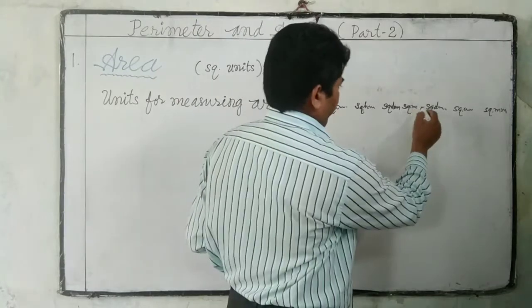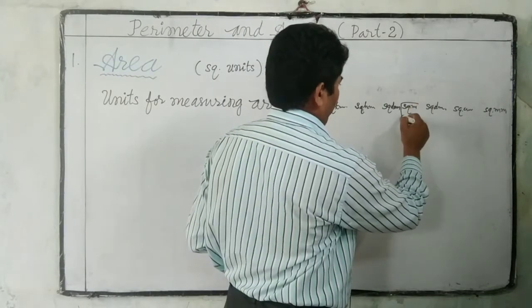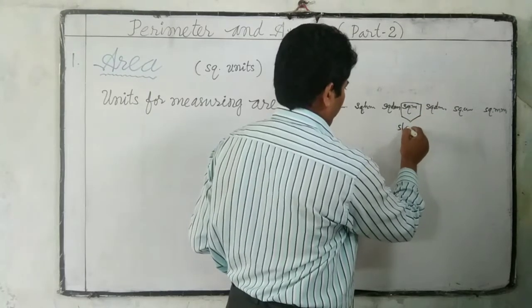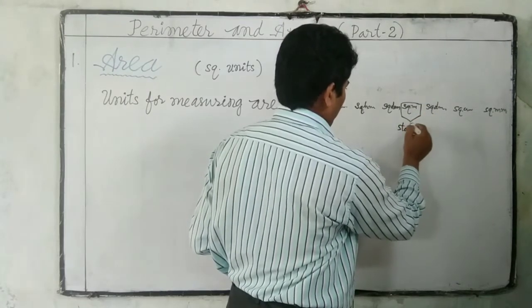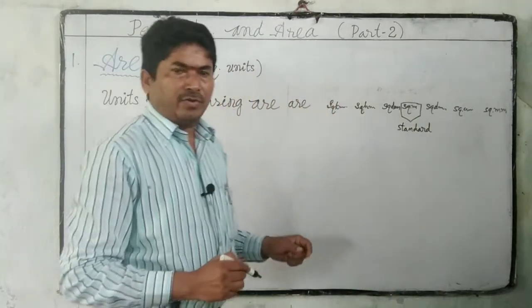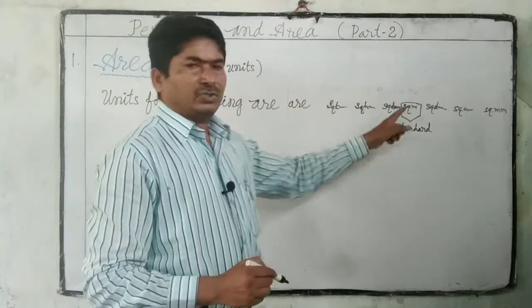In this, square meter is the standard unit. Standard unit for measuring area is square meter.